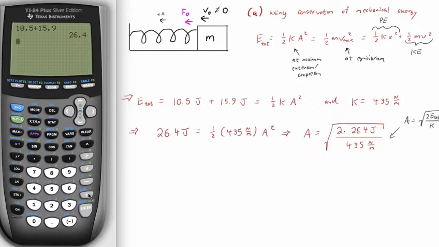I'll make this show up on screen. Then we'll go ahead and get a value for amplitude. So I'll take our square root.